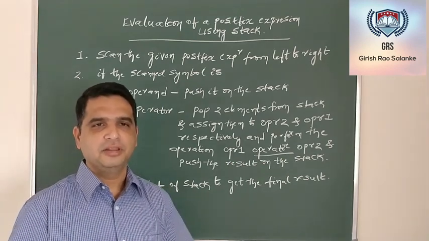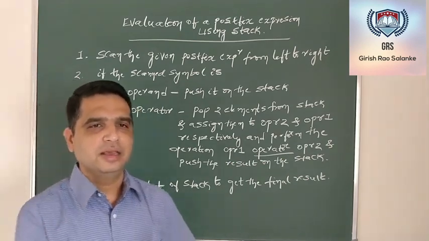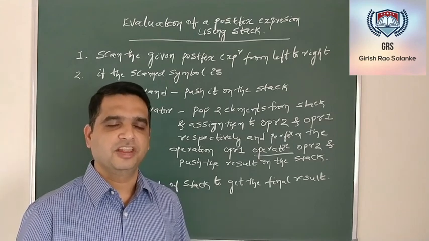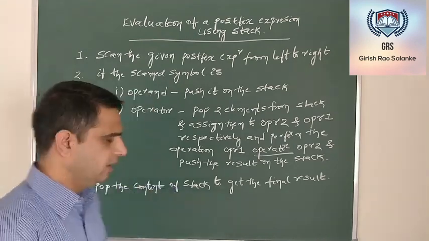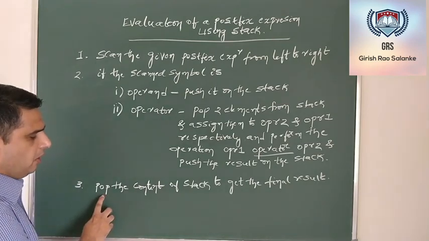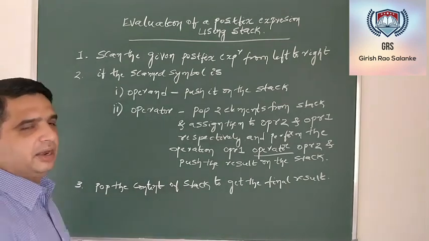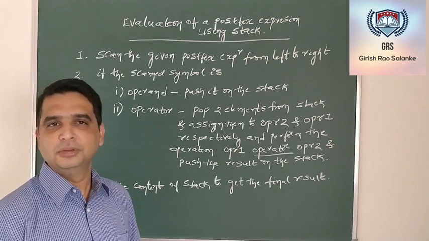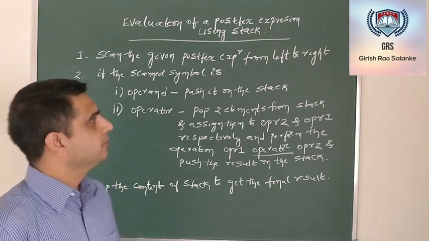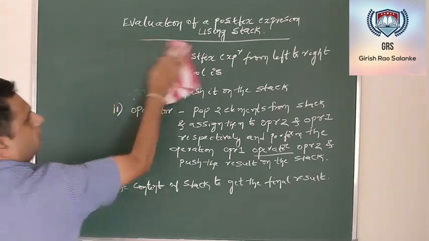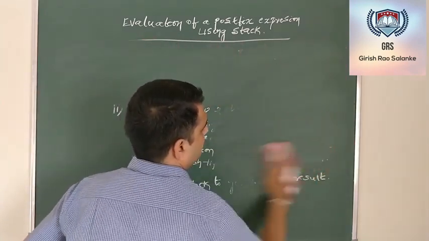We perform this iteratively until all the symbols in the postfix expression are scanned. Finally, the result will be in the stack, and I need to pop the content of the stack to get the final result. Hope this is clear. With this, we'll take 1 or 2 examples and find how exactly the algorithm works.